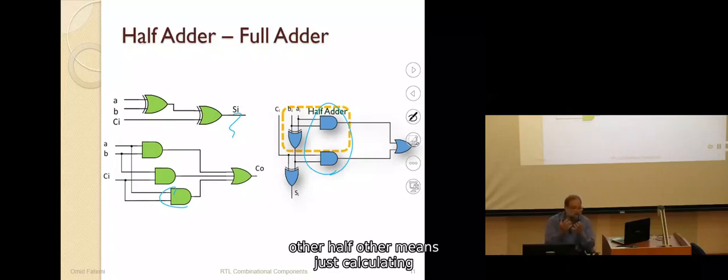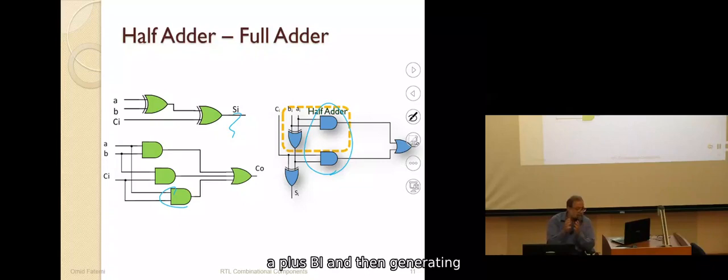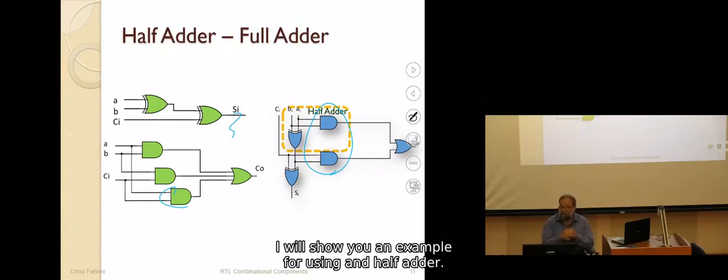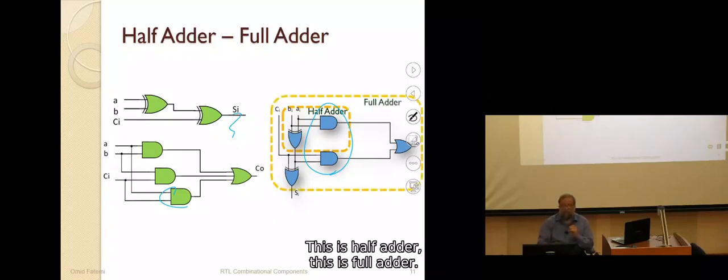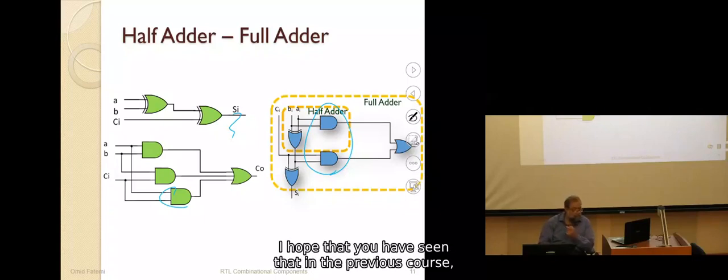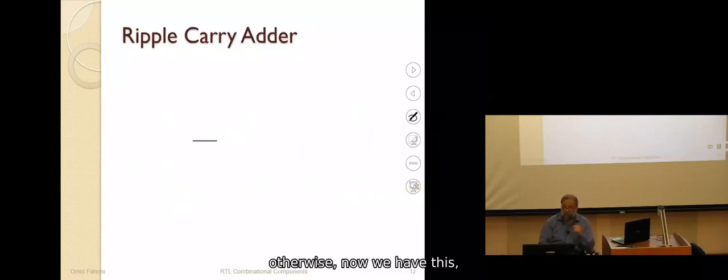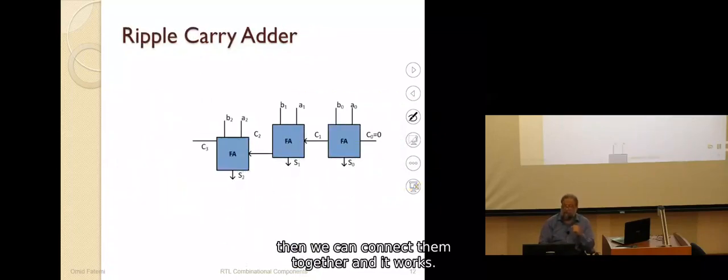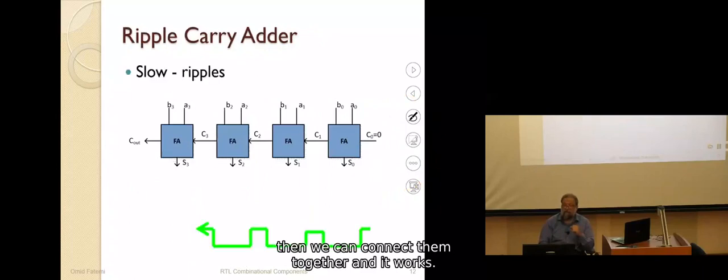Half adder means just calculating AI plus BI and then generating only SI and not the carry. So this is a half adder. Sometimes we use them. I will show you an example for using a half adder. So this is half adder, this is full adder. I hope that you have seen that in the previous course. Otherwise, now we have this, then we can connect them together and it works.